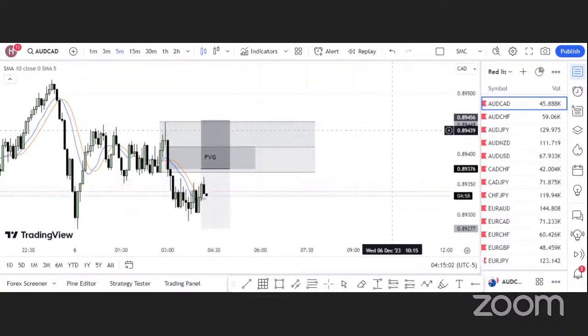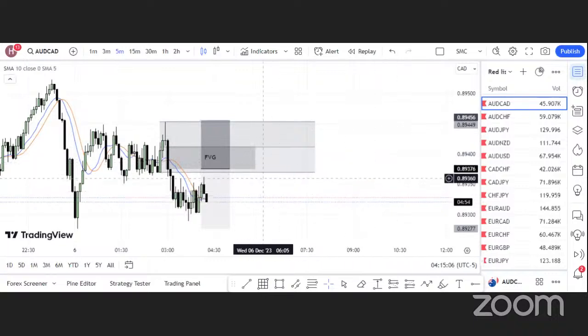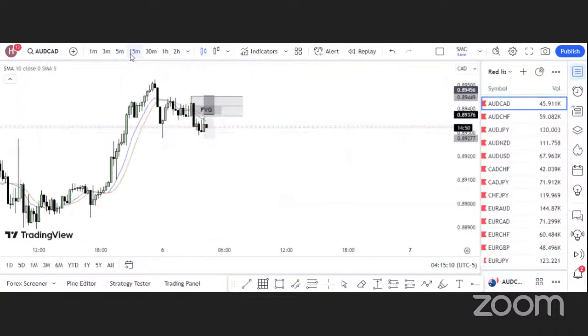Okay, so the candle has ended and the market is moving to the downside now without triggering our point of interest zone. The market didn't get to our point of interest zone, just started moving from this area.